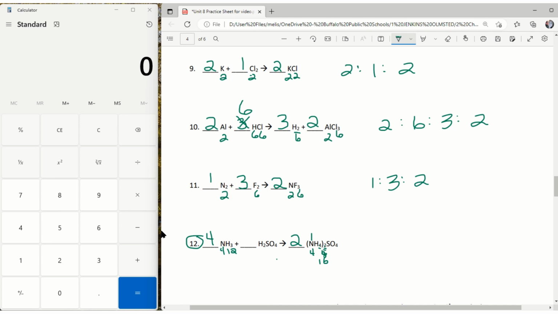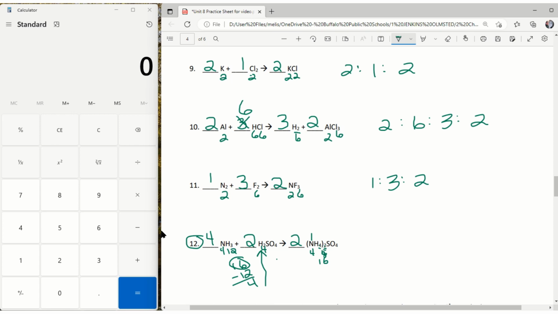That's not enough, right? So what's 16 minus 12? Well, that's 4. So I need 4 more hydrogens. But look, I have a hydrogen right here. And I have 2 of them. So if I put a 2 here, that would be 2 times 2, which is 4. So that does give me my total of 16. Perfect.